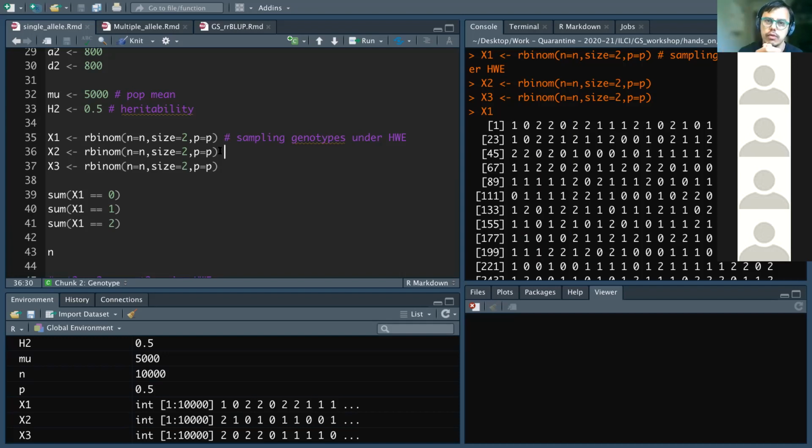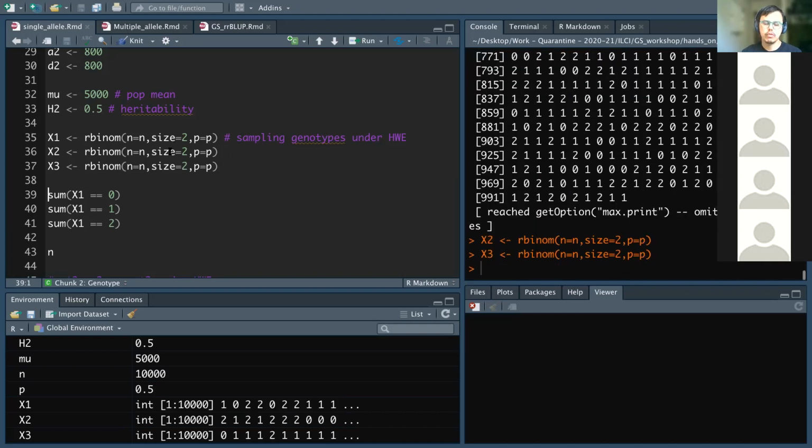In 0, we don't have any dominant allele. In 1, the heterozygous, we have one dominant allele, and in 2, we have the homozygous for that genotype. You can see here the genotype for locus 1, 2, and 3, and they are in Hardy-Weinberg equilibrium.